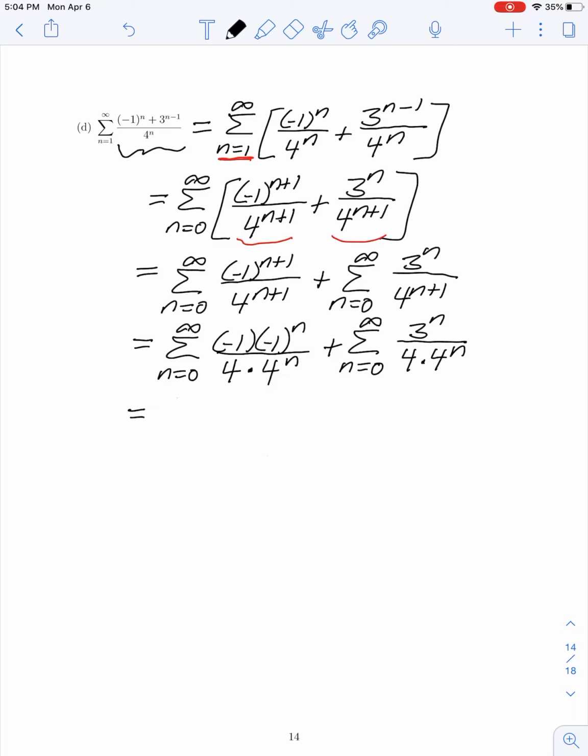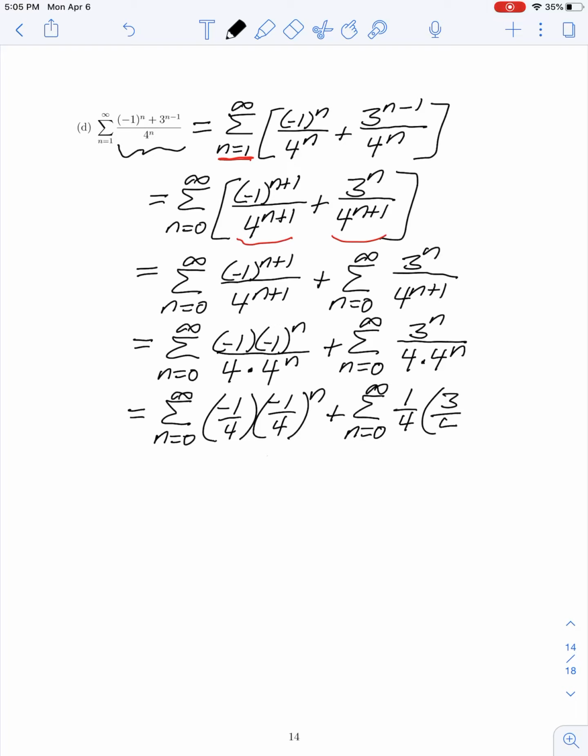So rewriting my series once more, we would have the sum from 0 to infinity of -1/4 times (-1/4) to the nth power, plus the sum from n equals 0 to infinity of 1/4 times (3/4) to the nth power.